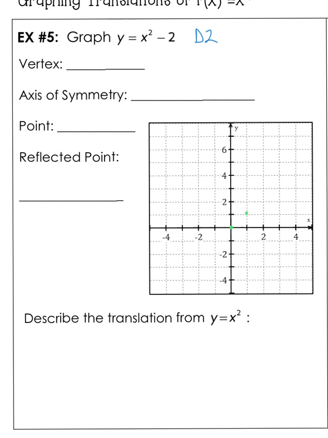So 1 squared is 1, 2 squared is 4. Negative 1 squared is 1, negative 2 squared is 4. And essentially, I'm going to move each of the parent function's ordered pairs down 2. And that's it.